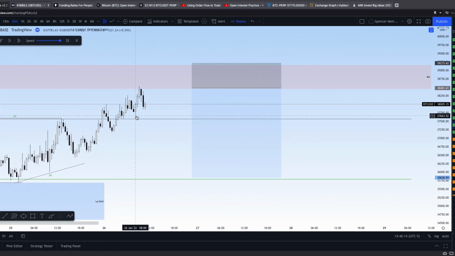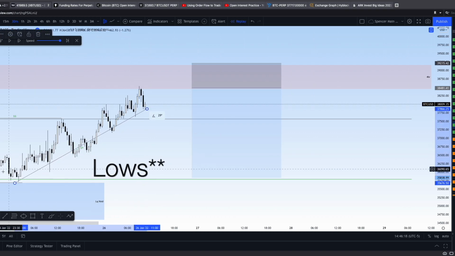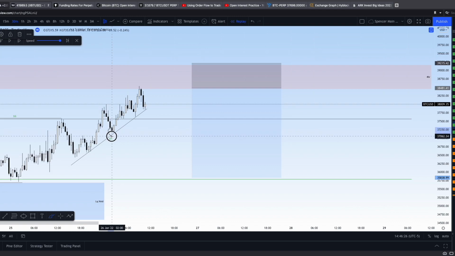We can also look and see we have no sweeps of the highs. So we can take this just to get an idea. There's probably stop losses at this low, at this low, at this low, at this low, at this low, and especially at this point right here, which is the mid-range.